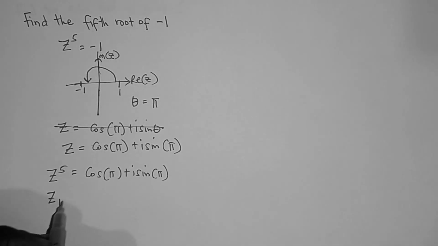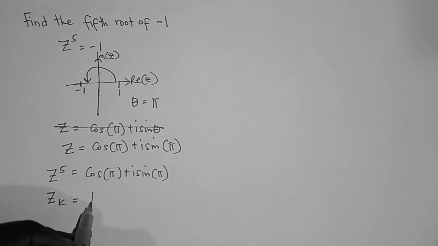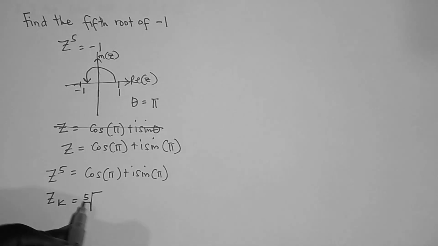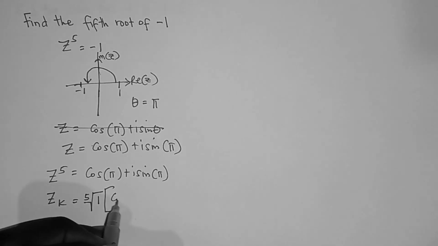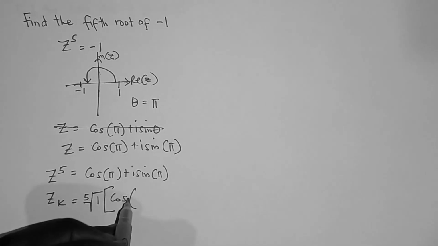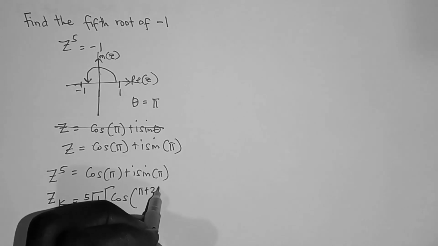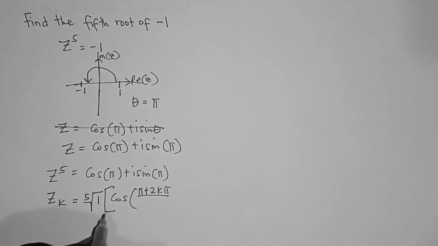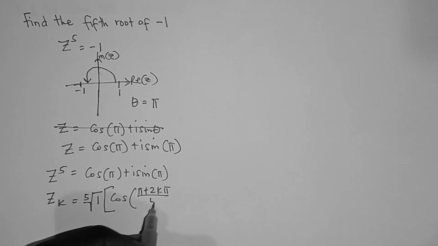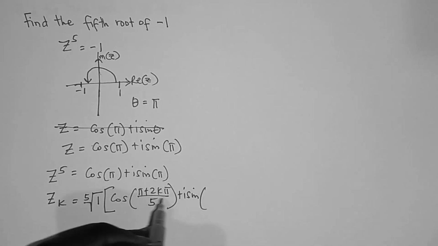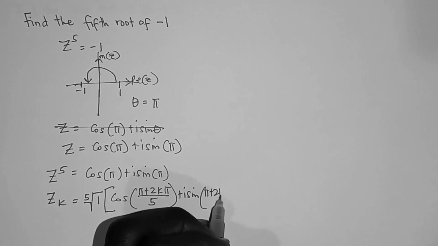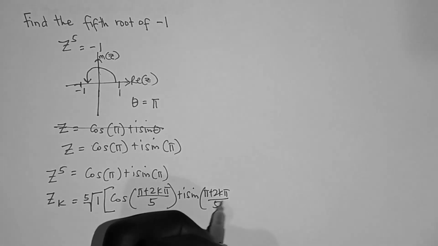So zk is equal to the fifth root of 1, then times cos, in brackets, pi plus 2k pi divided by n, which is 5 in this case, plus i sine, in brackets, pi plus 2k pi divided by 5.